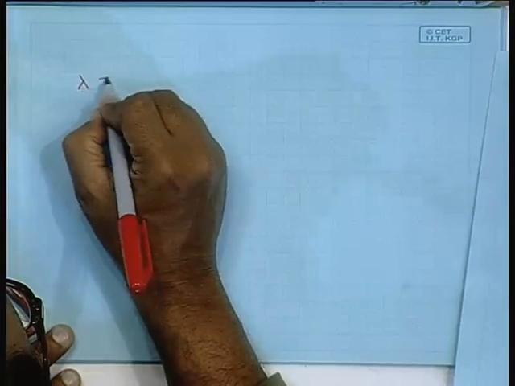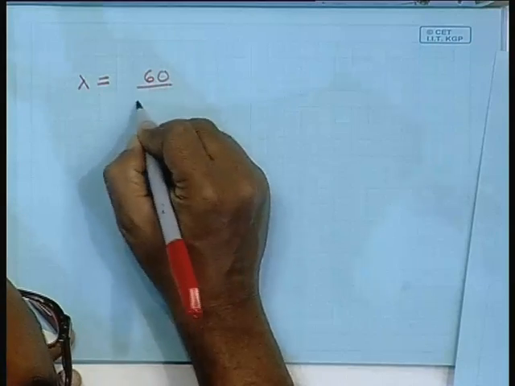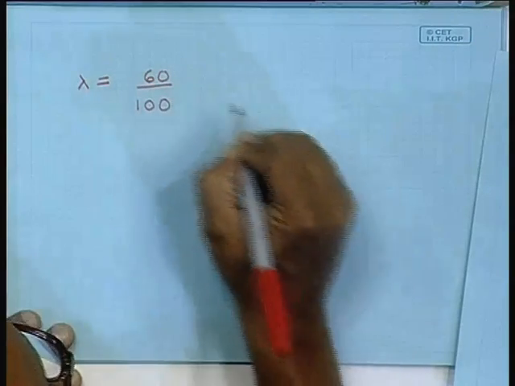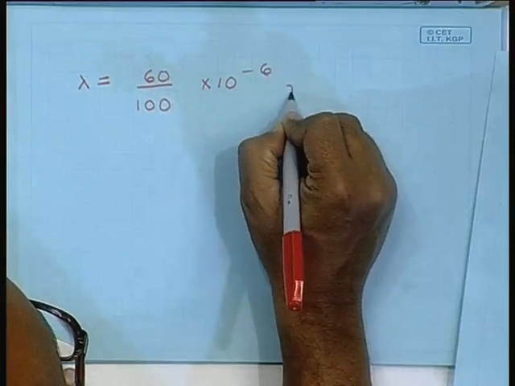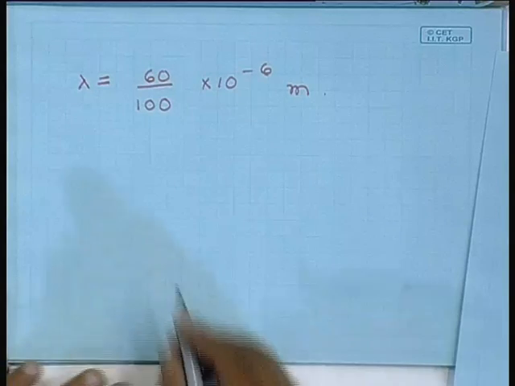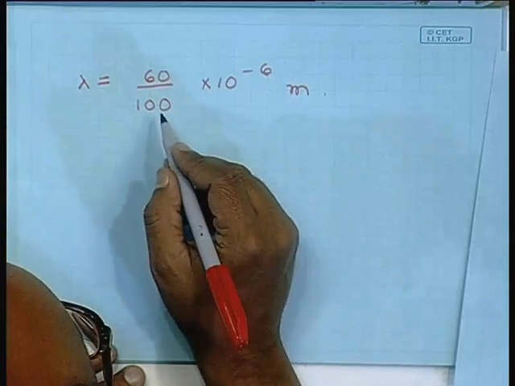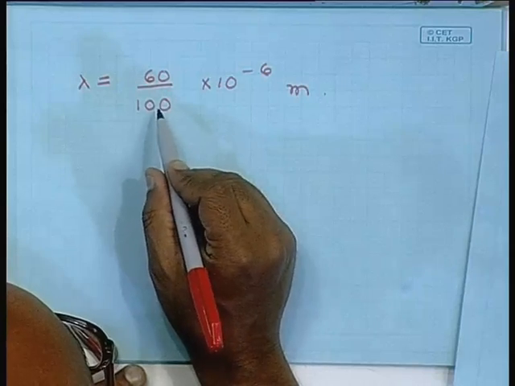So lambda is 60 divided by 100, 10 to the power minus 6 meters, and 60 divided by 100 we can write as 600 divided by 1000.